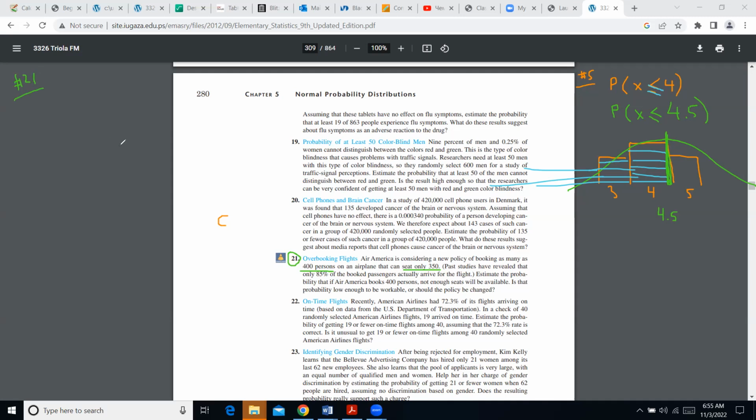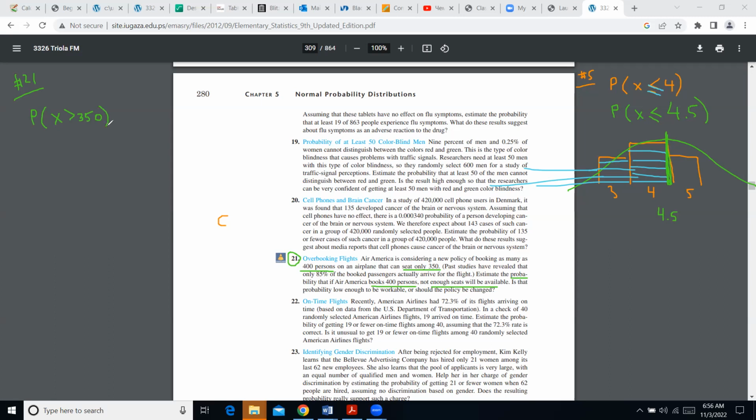So they want to know the probability that when they book 400 people, not enough seats will be available. So what's the probability that the number of people that came to the airport is more than they have seats, and looks like they have 350 seats.